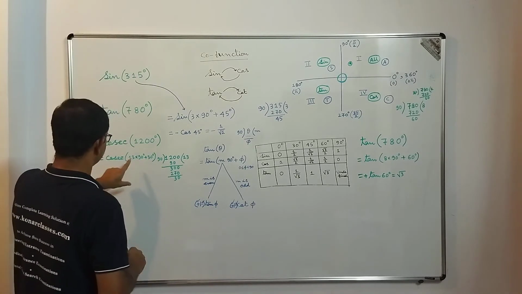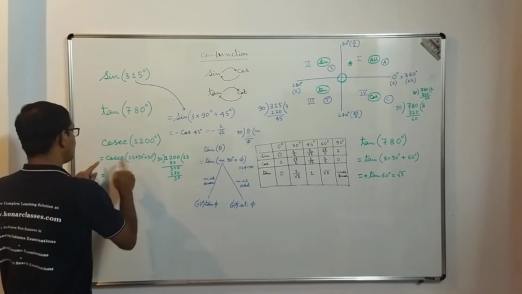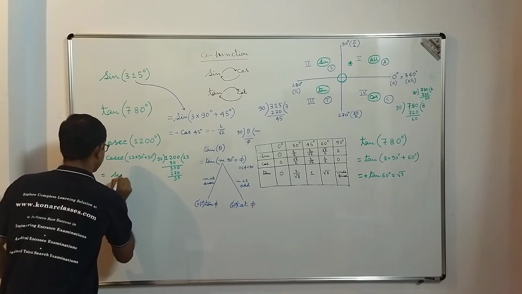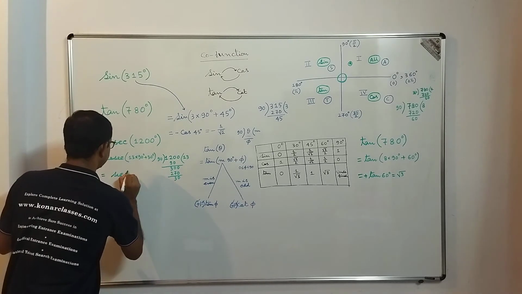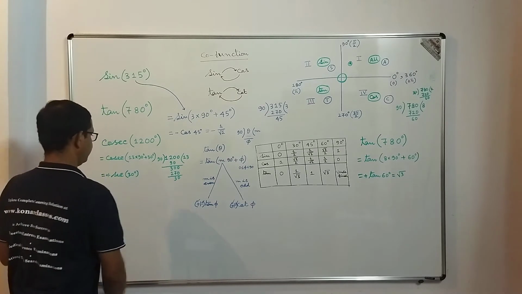Now 13 is odd, so it should be cosec's cofunction, which is sec. And sec of 30 degrees with a plus or minus sign.